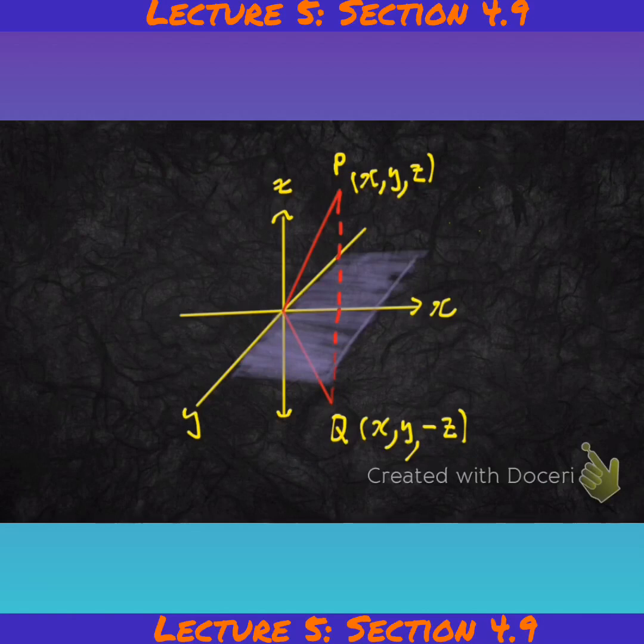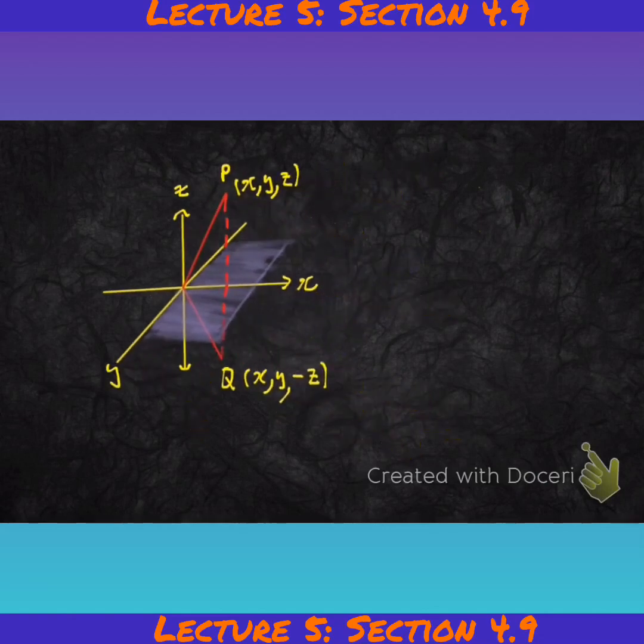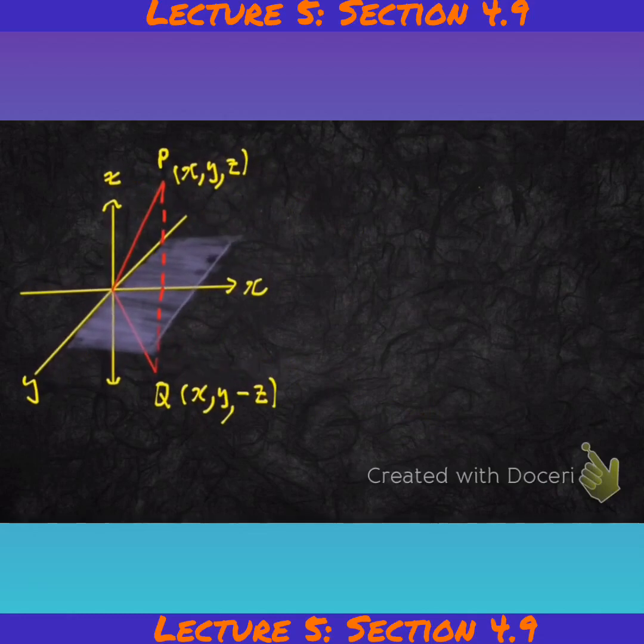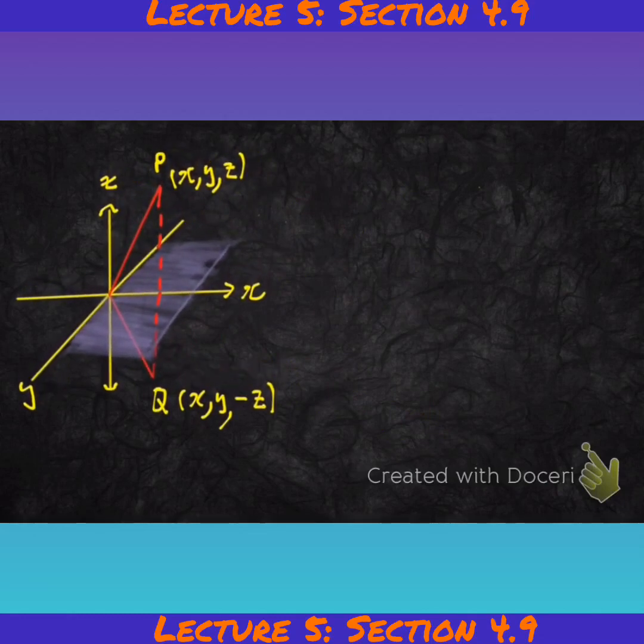So we can see clearly here that we're reflecting the point P about the XY plane. Now the question is, what is the standard matrix for this transformation? Remember, a linear transformation is pretty much determined, in this case, by the standard unit vectors.